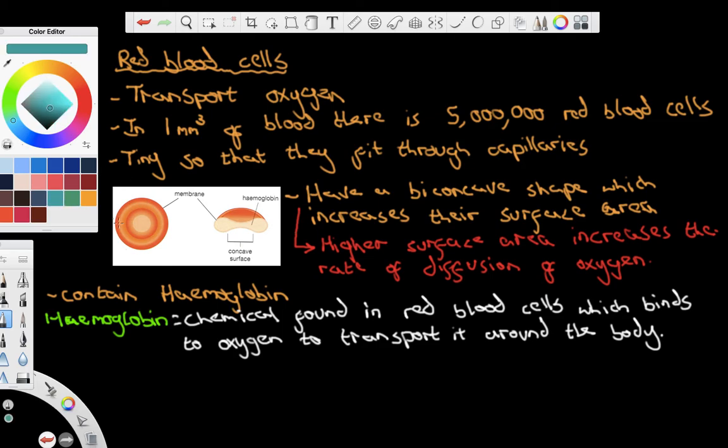If we were to write that as an equation, we could have oxygen plus hemoglobin in a reversible reaction. So remember, we draw a two-way arrow like this, like you would in chemistry, makes something known as oxyhemoglobin.